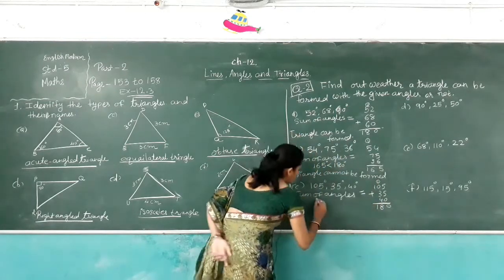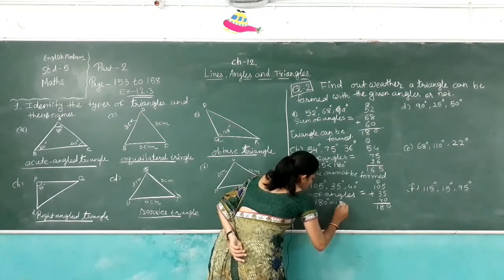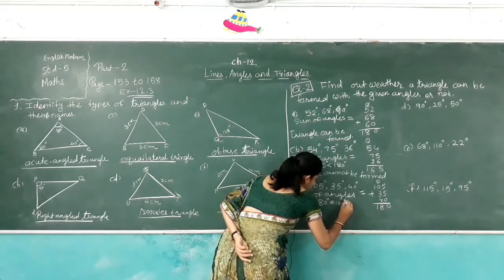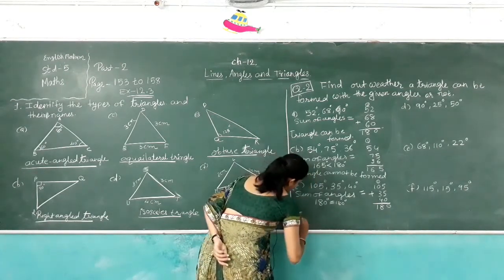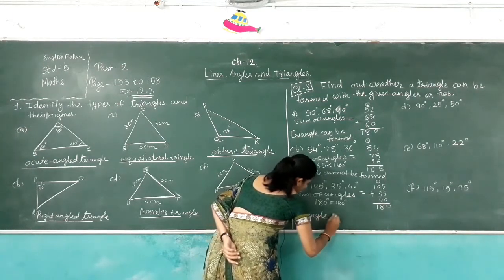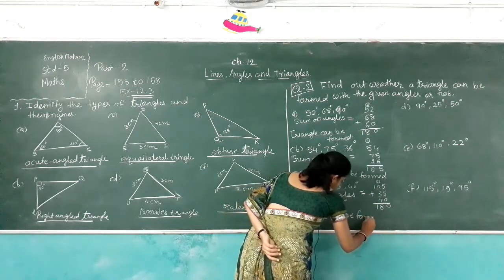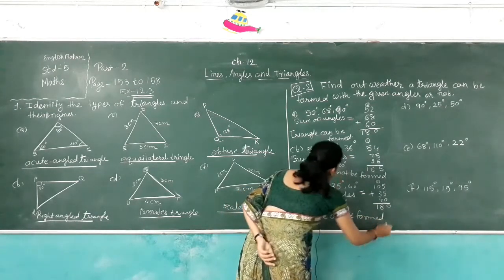So we get 180 degrees, equal to 180 degrees. So the triangle can be formed.